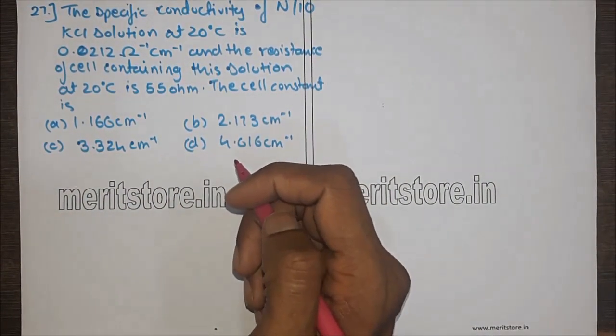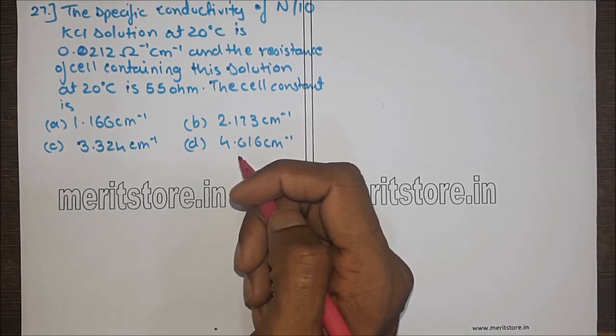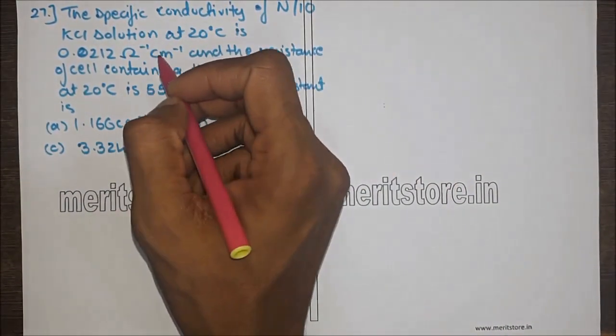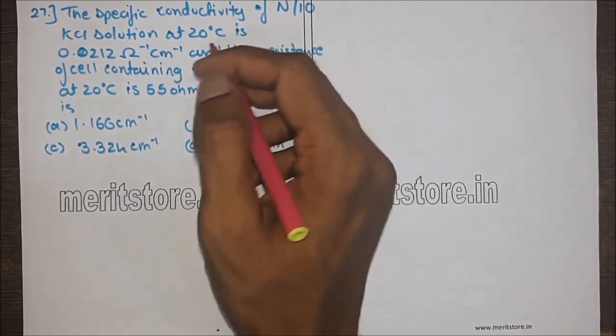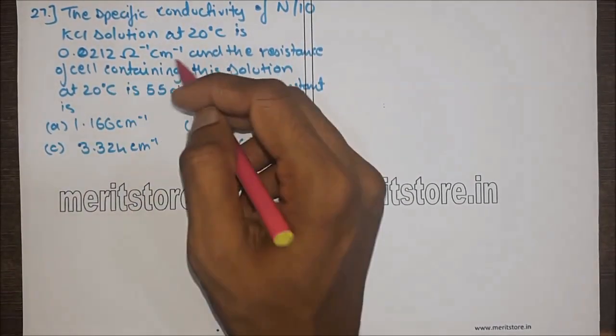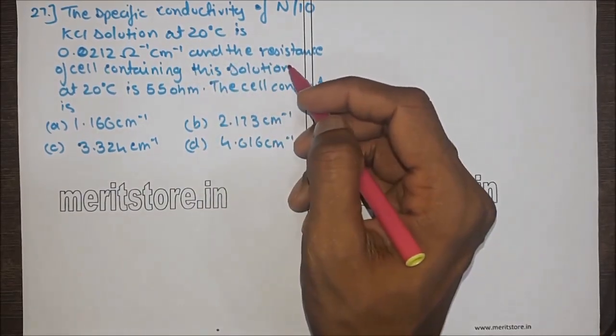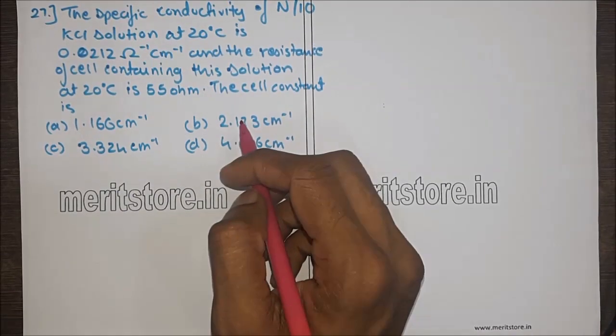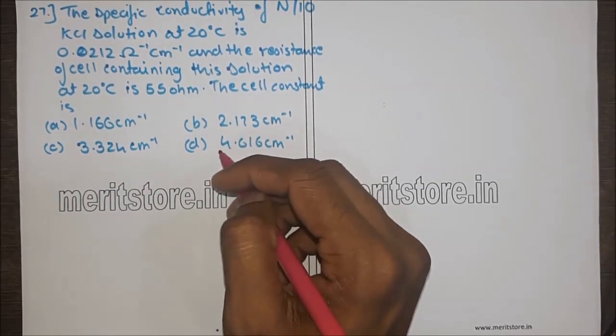Question 27. The specific conductivity of normality 1 upon 10 KCl solution at 20 degrees Celsius is 0.0212 per ohm per centimeter, and the resistance of the cell containing the solution at 20 degrees Celsius is 55 ohm. The cell constant is, we give four options over here.